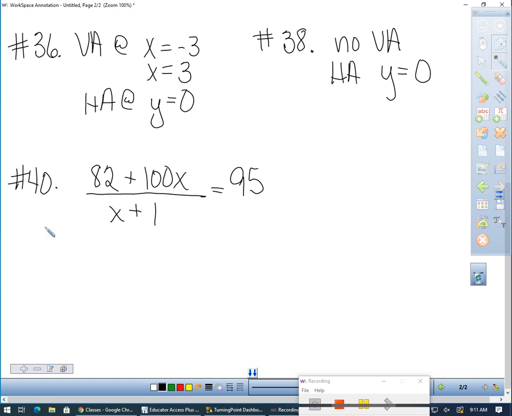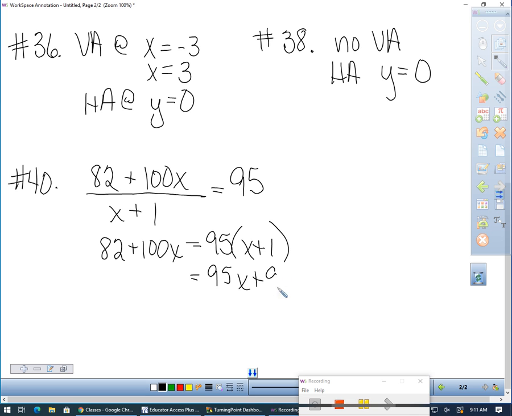So now we're going to go ahead and solve this. I'm going to cross multiply. So I have 82 plus 100x equals 95 times (x plus 1). Distributing on the right hand side, we get 95x plus 95. Let's bring this down.